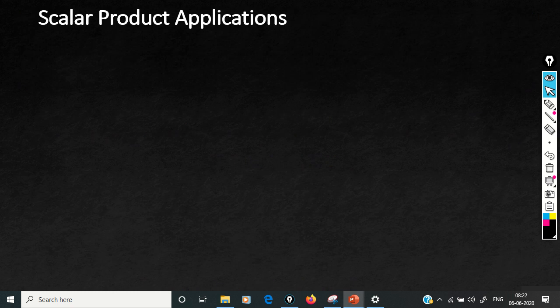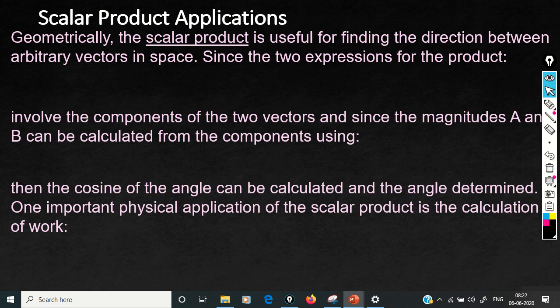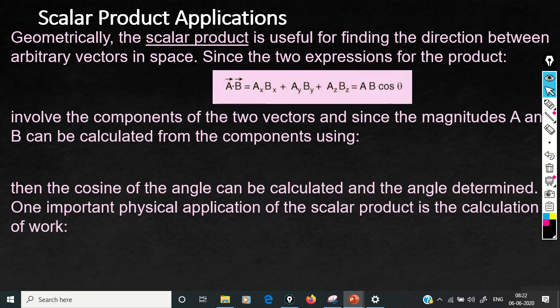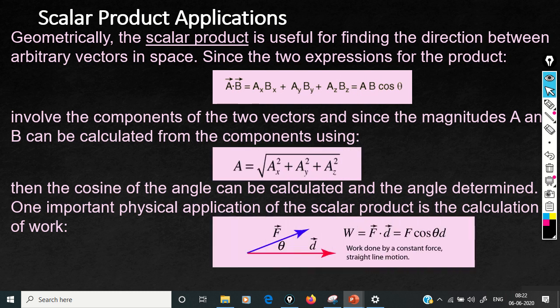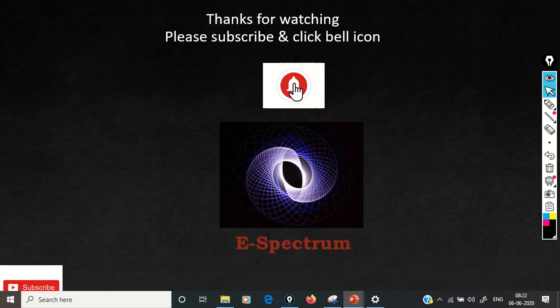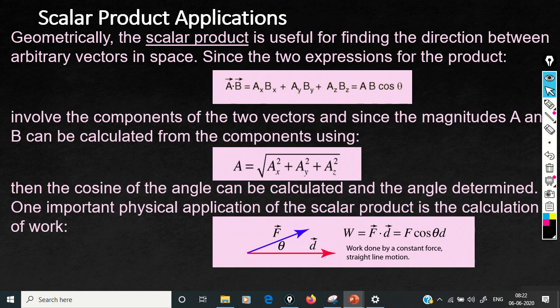Let us see the application of the scalar product. Geometrically, the scalar product is useful for finding the angle between arbitrary vectors in space. So if I have A dot B, I can calculate ax bx, ay by, az bz, and from the magnitudes, I can calculate the magnitude of vector A and the magnitude of vector B. If I divide ax bx plus ay by plus az bz by AB, I can calculate cos theta.